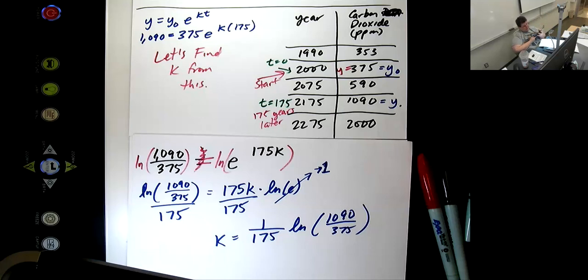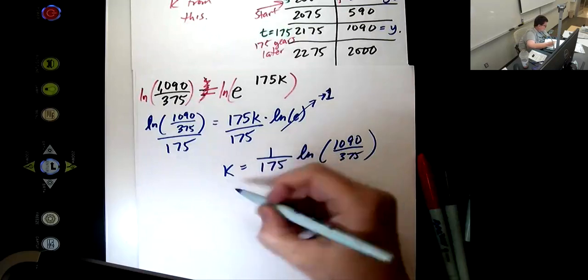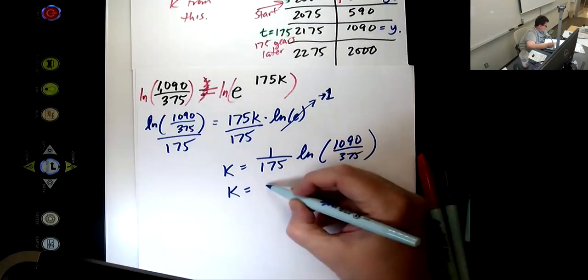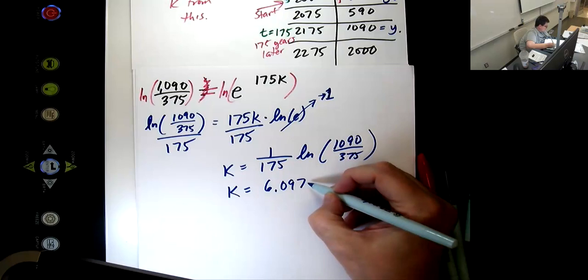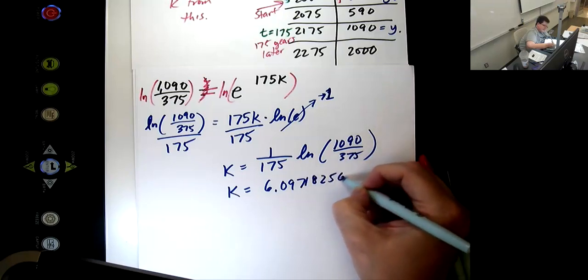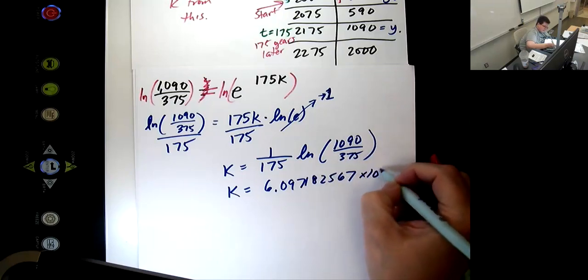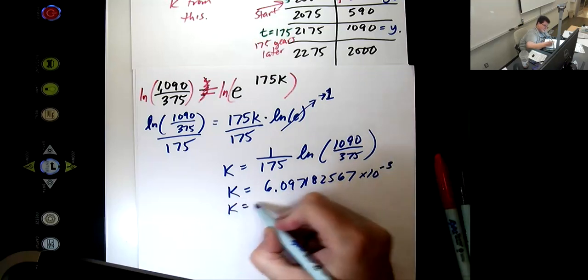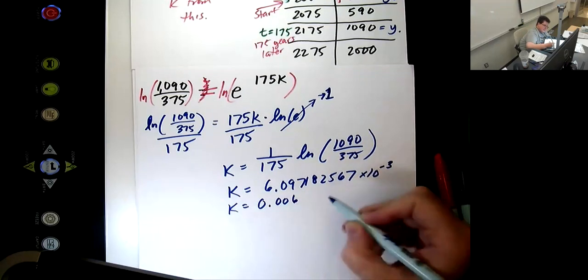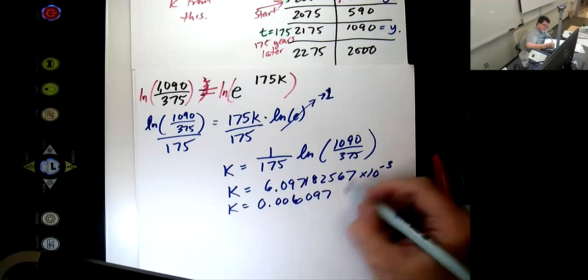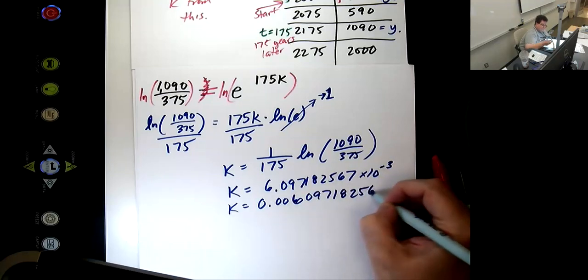It's likely a small number. I am getting k equals, well, my calculator says 6.097182567 times 10 to the negative 3, which is 0.006097182567.